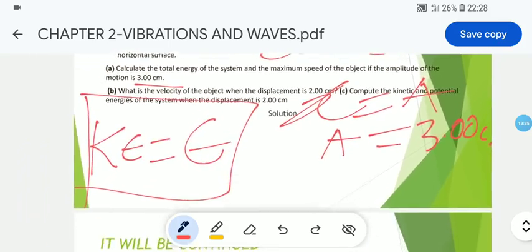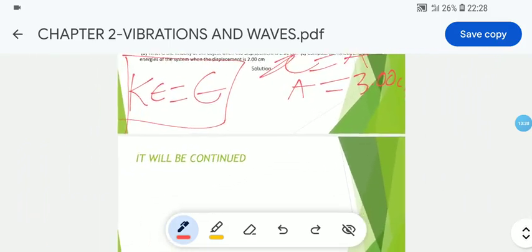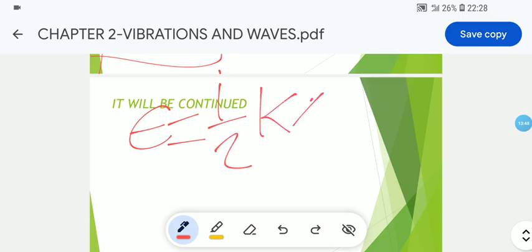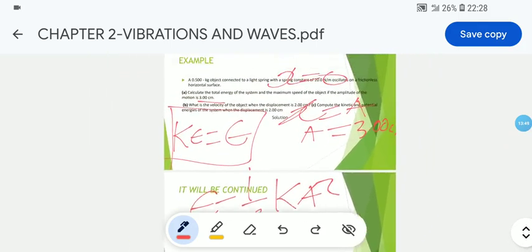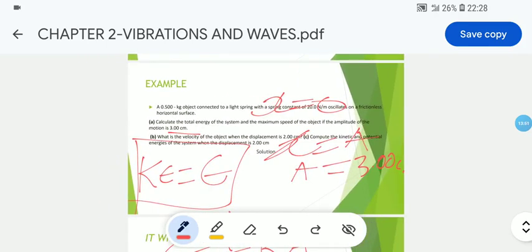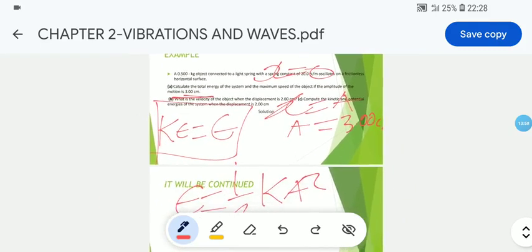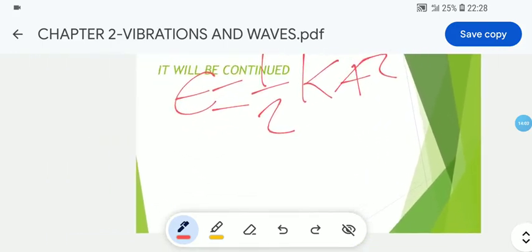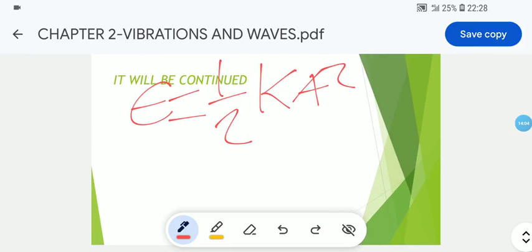But if you want to find the mechanical energy, since you already have the maximum displacement, which is the amplitude, then it is 1/2 ka squared. We are given the maximum displacement, and also the spring constant, which is 20.0. Make sure that you convert the displacement into its respective SI unit.